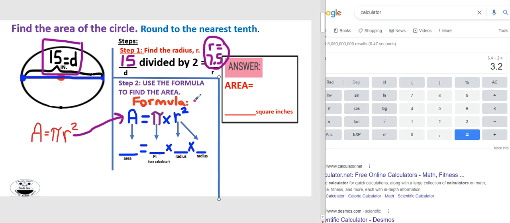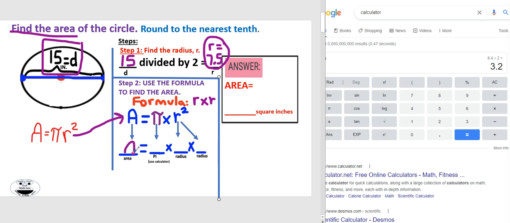This is r squared. R squared is r times r, not 2 times r. I went over this in my previous video. And if you want to understand why it means times, I went over that also in previous videos. So what we're going to do is we're going to replace all of these with the values we know, and then if we don't know something, we use a variable. So a, area, it says find the area.